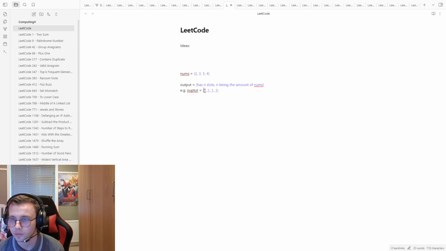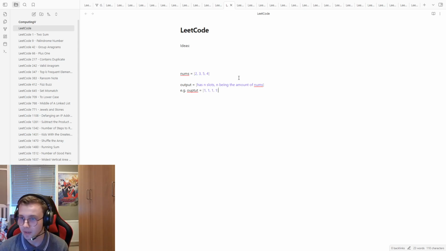Then for this first slot, you could do 1 times 3, and then whatever's in there times 5, and then times 4. So for instance, you could loop through and multiply all of these by 2 except the first one, then go to here, multiply all of these by 3 except this one, all of them by 5 except this one, all of them by 4 except this one. I don't know if that'll be O(n) or O(n squared).